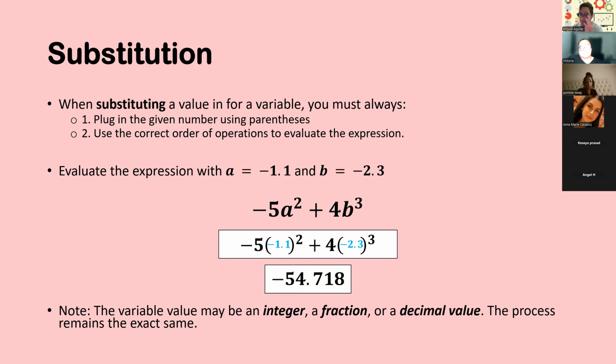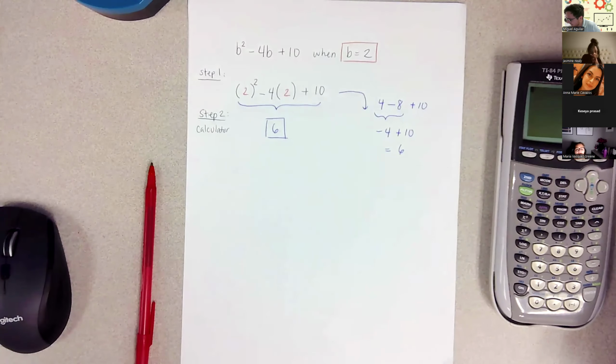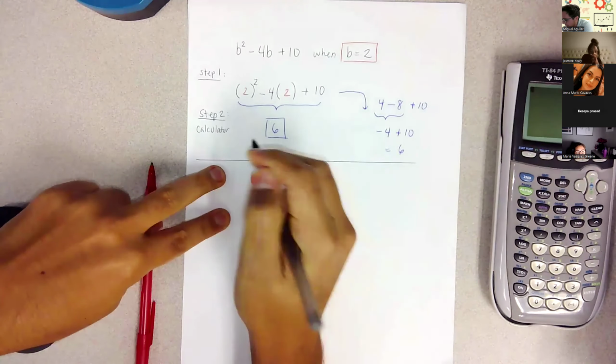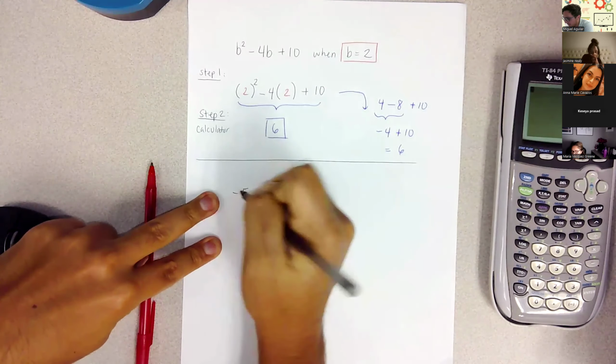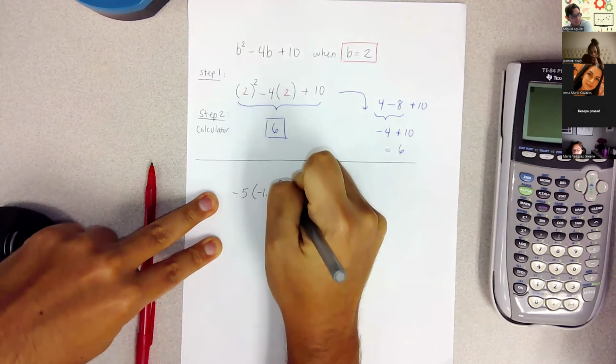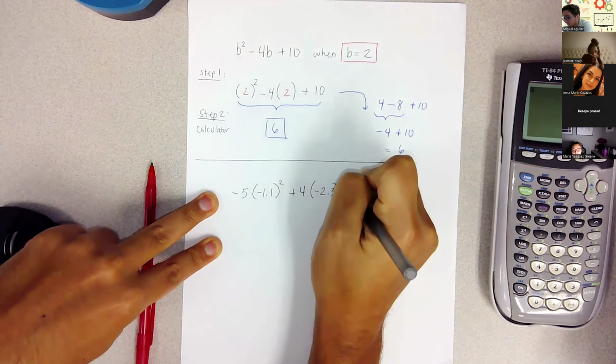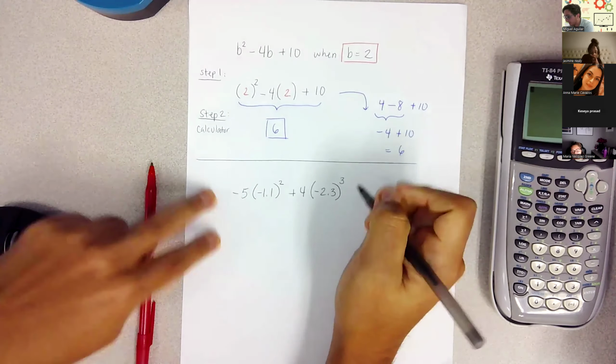It's a god-awful number. And with these decimal numbers and these negative numbers and these exponents, things start to get crazier. You want to be able to write this as -5 times -1.1 squared plus 4 times -2.3 to the third power, right?